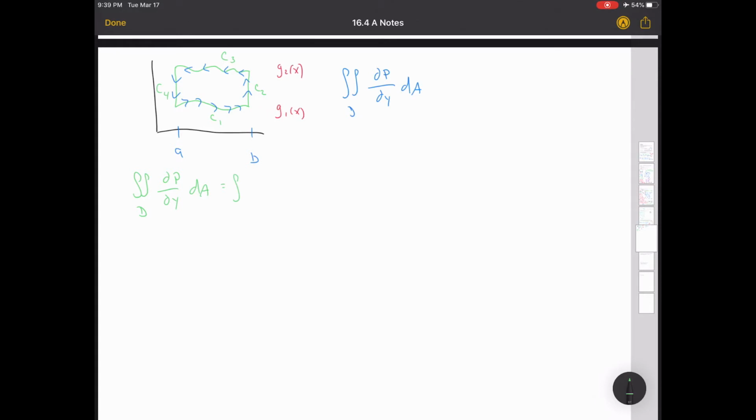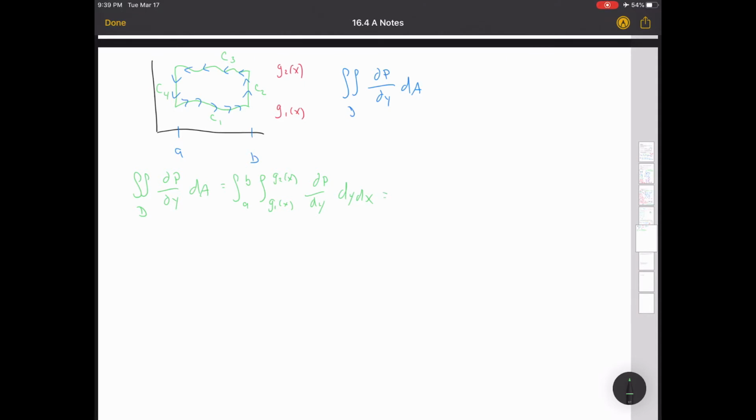Well, if we do this as a type 1 region, the x values go from a to b, and the y values go from the bottom where C1 and C3 are, so they're really going from g1 of x to g2 of x, two functions of x there. dP/dy, and since we did it as type 1, dy dx.